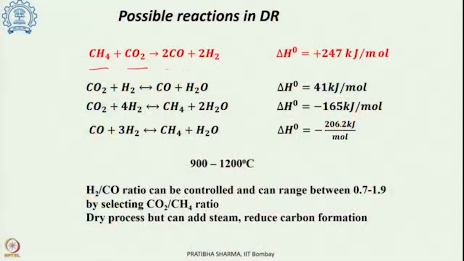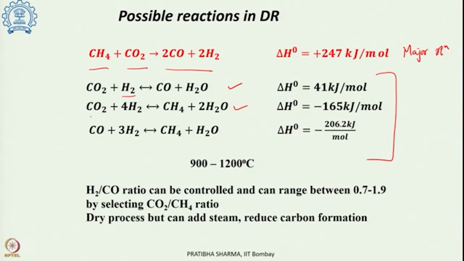If you see the possible reactions that occur in dry reforming of methane, methane reacting with carbon dioxide producing syngas is the primary, major reaction that occurs. Other than that, the various other reactions that can occur include the reaction wherein the carbon dioxide, which is the oxidant, also consumes the hydrogen obtained as product to produce CO and H2O.